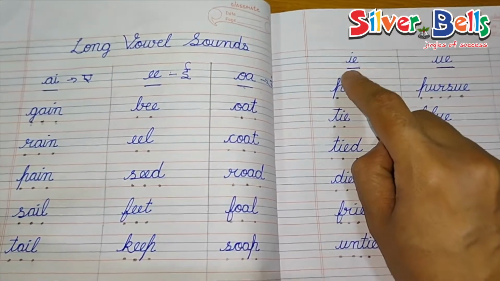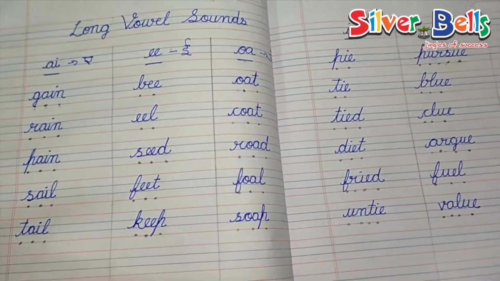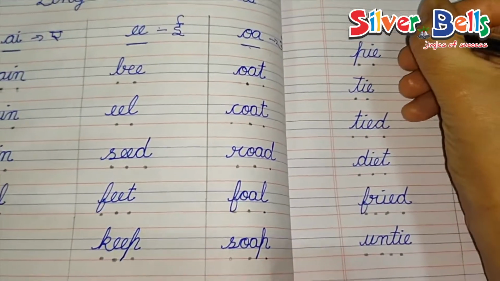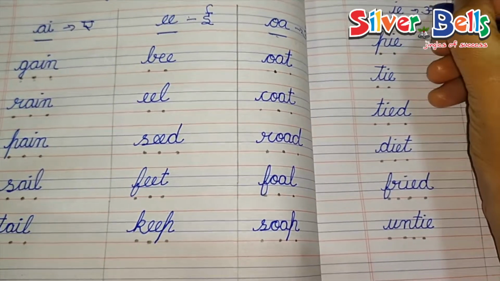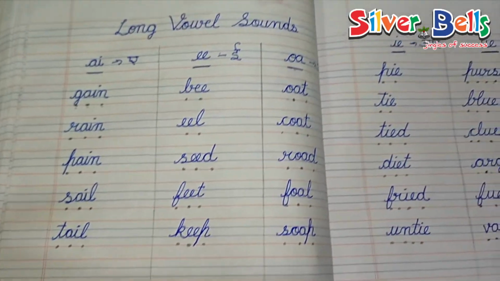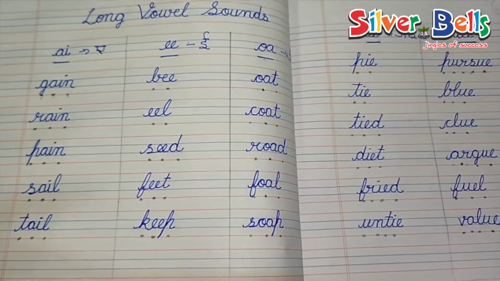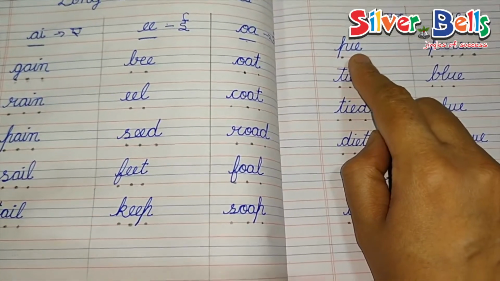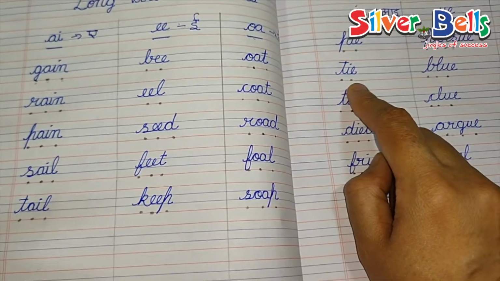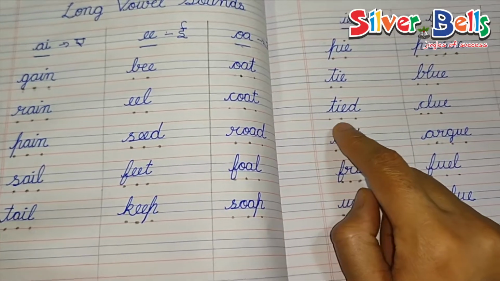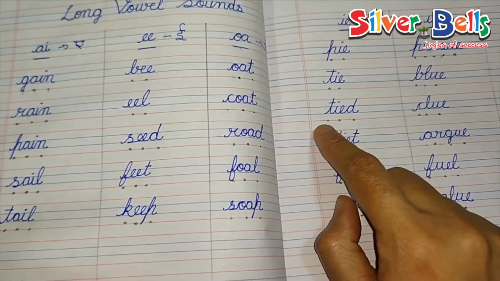Now, IE says I, as in I. I, pie. I, tie. I, tide.